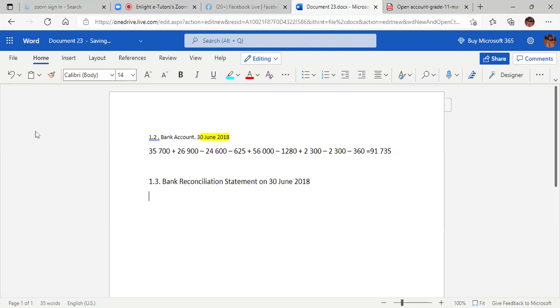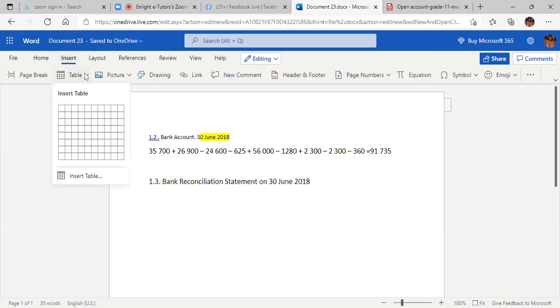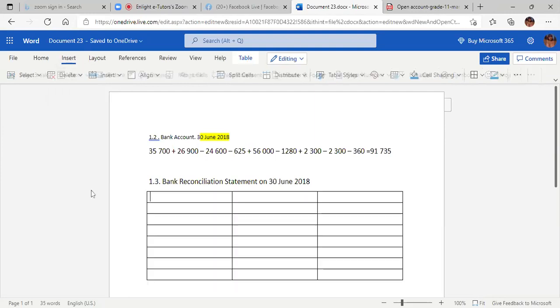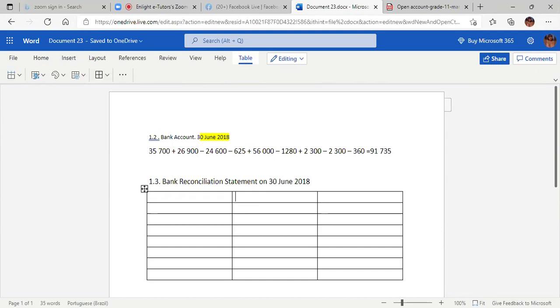Let's add a table. When we do the bank reconciliation statement, we're doing the table together.